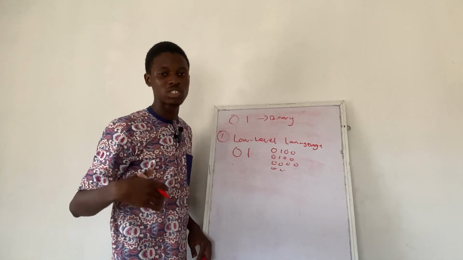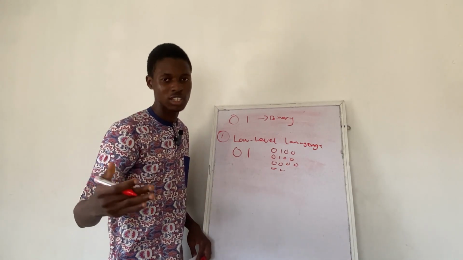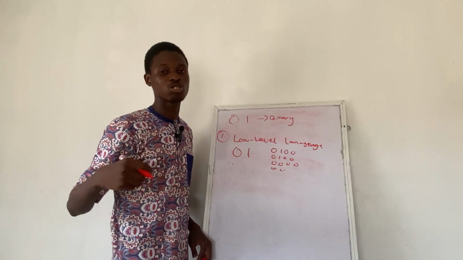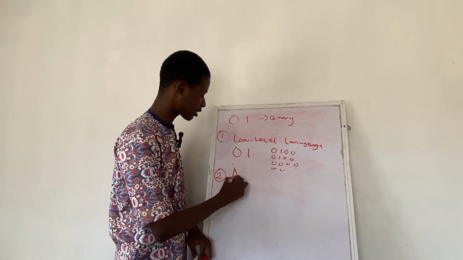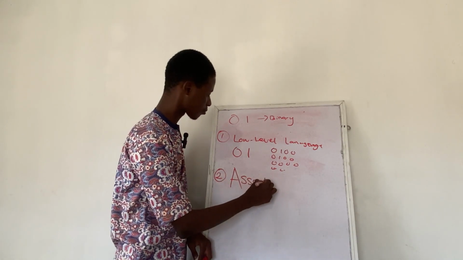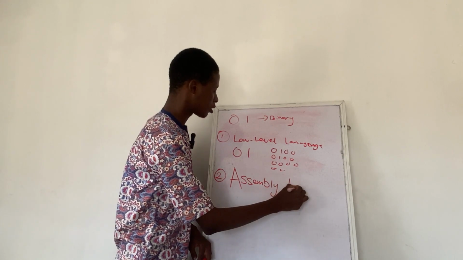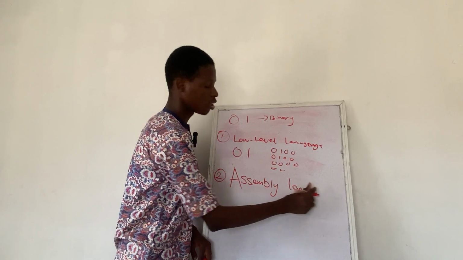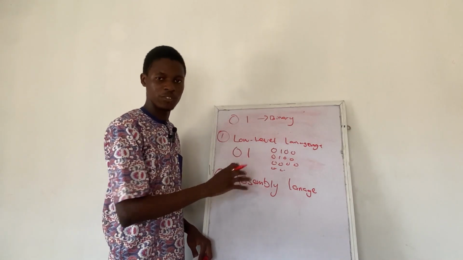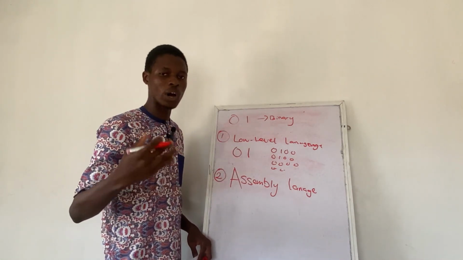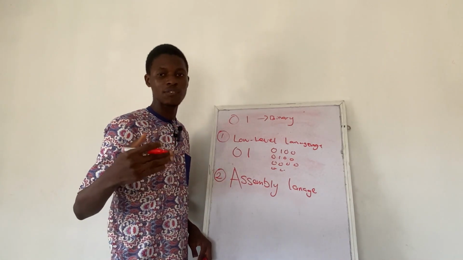That's what led to the creation of the second type of language which you can use to communicate with the computer, and that is number 2, assembly language. Do you get? You actually don't need all of this, but I want to explain why Python is a high-level language.